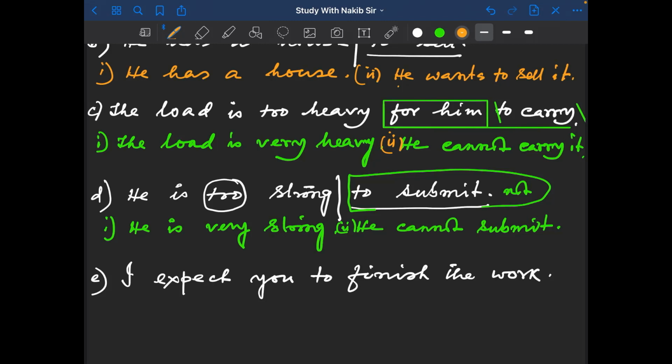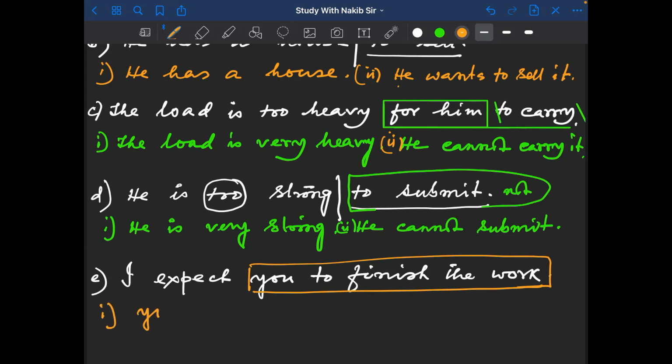I expect you to finish the work. You to finish the work. Okay, so for this part we will make one sentence like this. Number one, you use one will. You will finish. You will finish the work. If you don't write this, it is also correct. You finish the work. Okay.